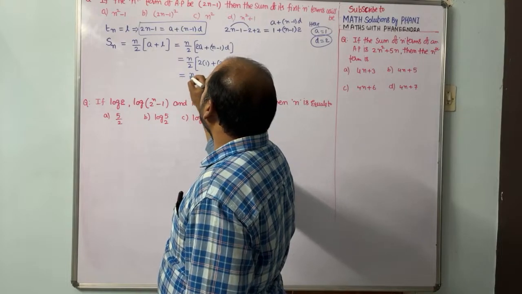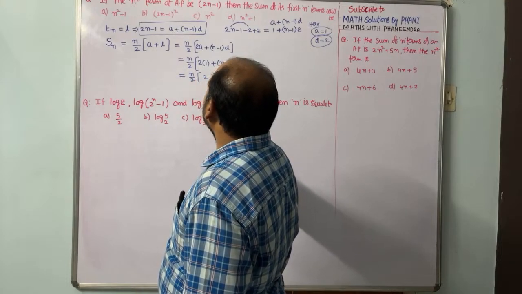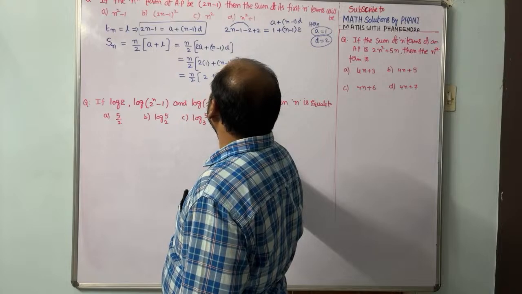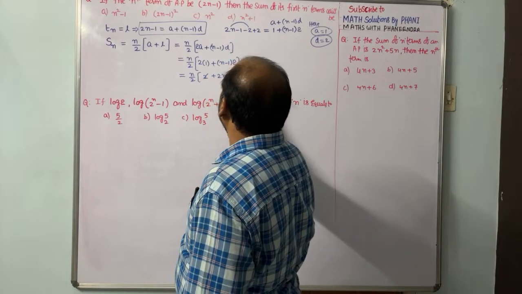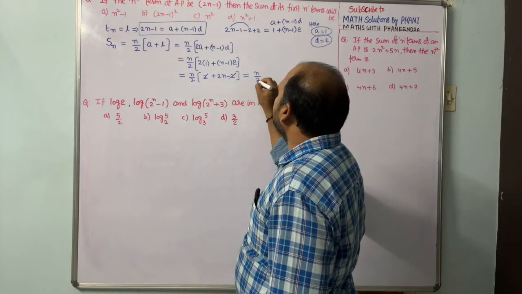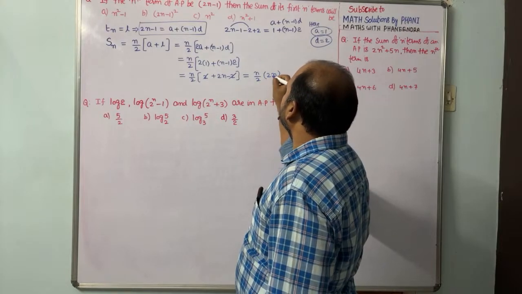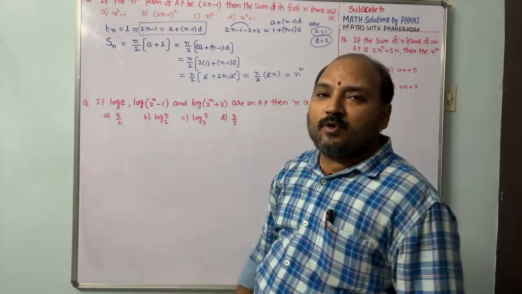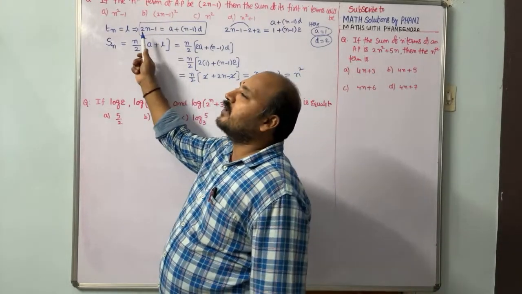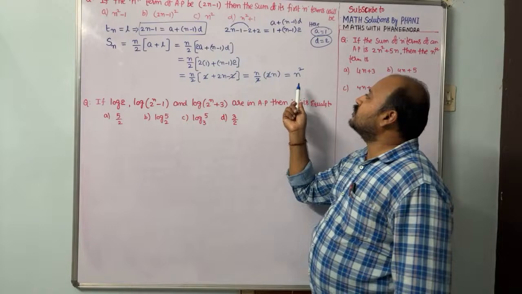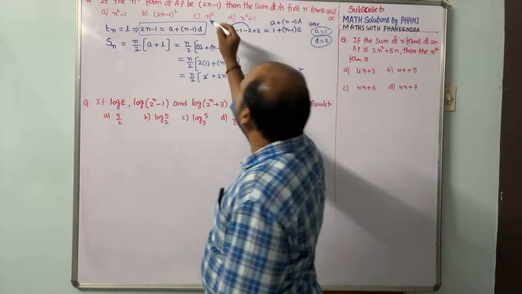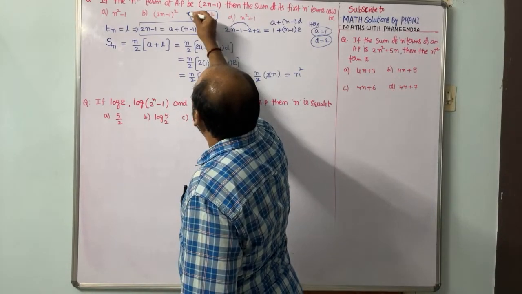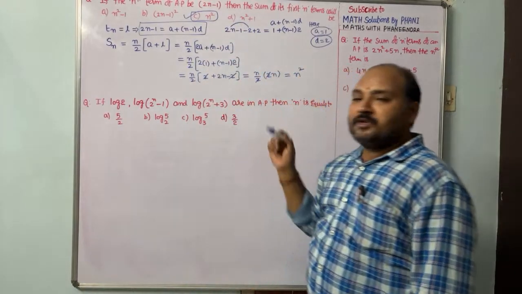So n by 2 into 2 plus 2n minus 2. The minus 2 and plus 2 get cancelled. n by 2 into 2n. The 2 also gets cancelled. n into n is n square. Therefore, whenever the nth term is given, Sn equals n square. It is there in the third option, dear students. I hope you understand.